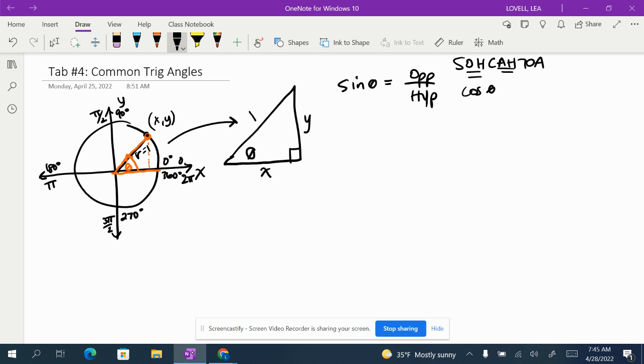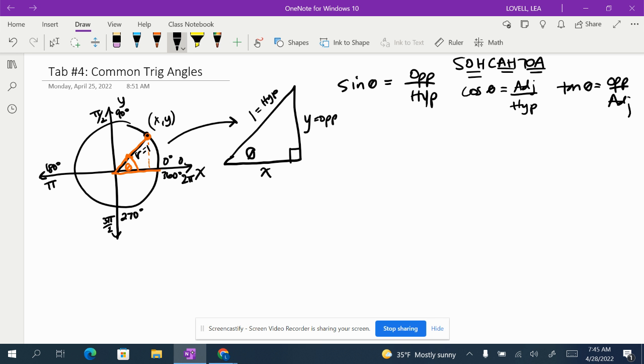Cosine of theta is equal to adjacent over hypotenuse, and the tangent of theta is equal to opposite over adjacent. That just refers to, in reference to theta, which side is opposite, which side is adjacent, and which side is the hypotenuse. So let's go ahead and label those.